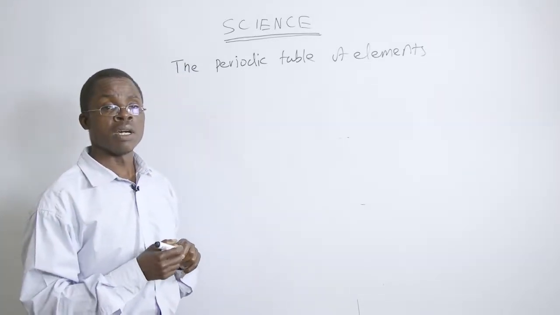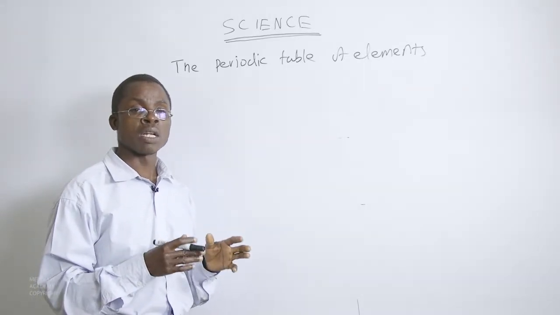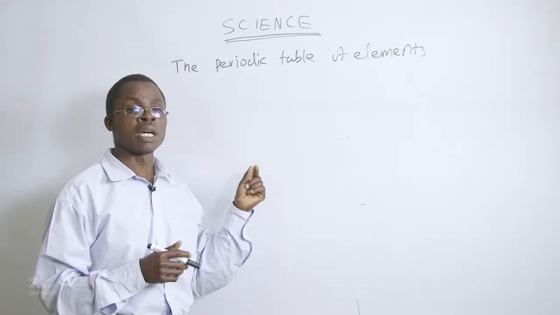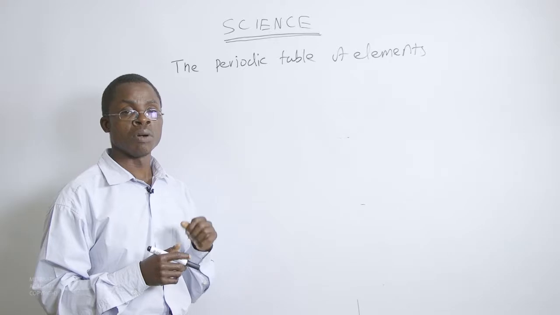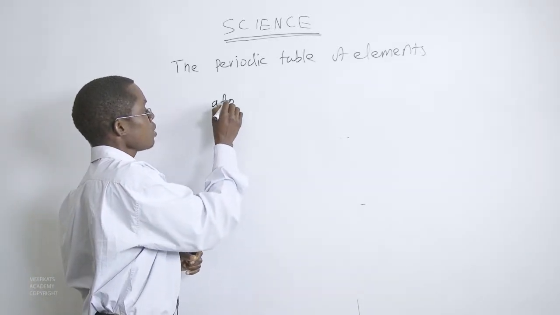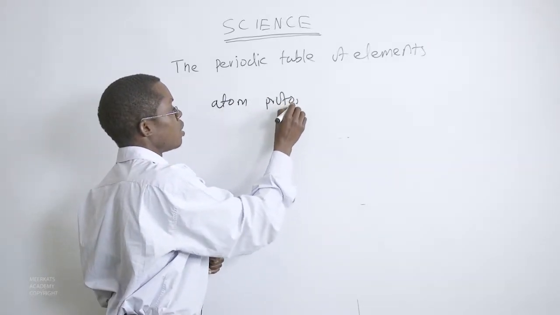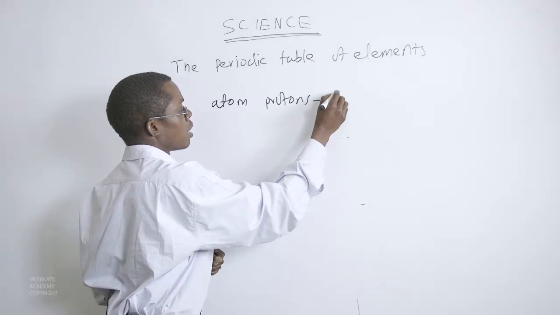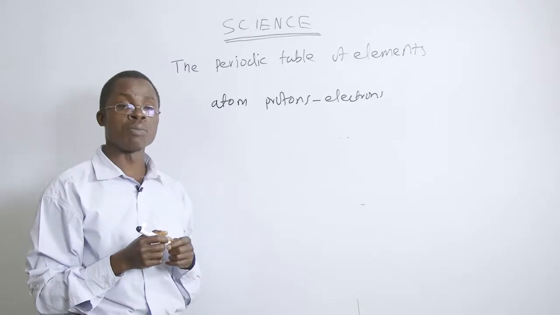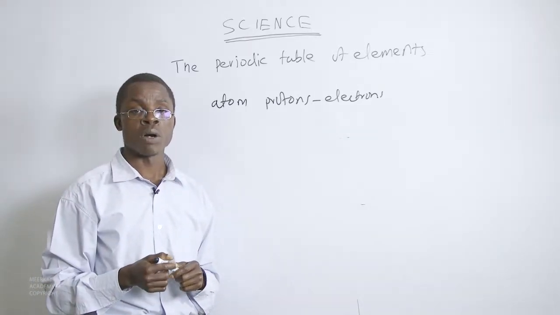Just as a reminder, for us to look at an atom and use it in placing that element in the periodic table, we have to know that in any neutral atom, protons and electrons must be equal in number.